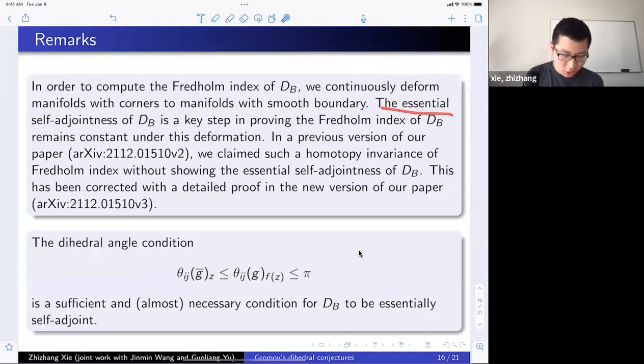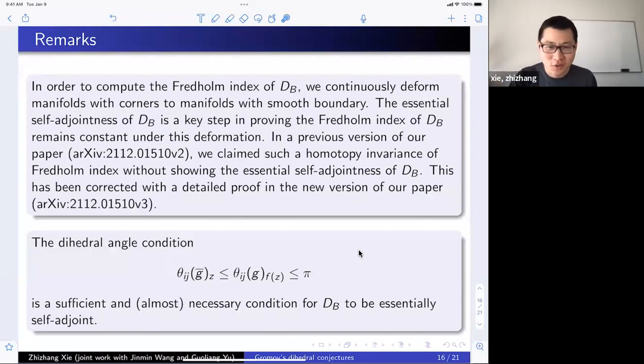And here is where the essential self-adjointness of this operator comes in. This is a key step in proving the Fredholm index remains constant under this deformation. I do want to point out that in a previous version of our paper, we claimed such a homotopy invariance without showing the essential self-adjointness of this D. This has been corrected in a new version, which appeared this morning, in fact.